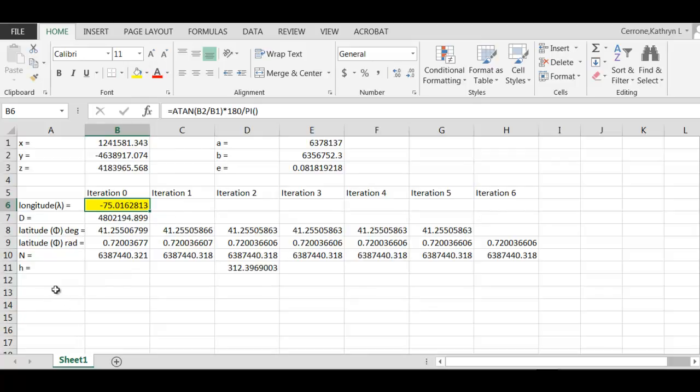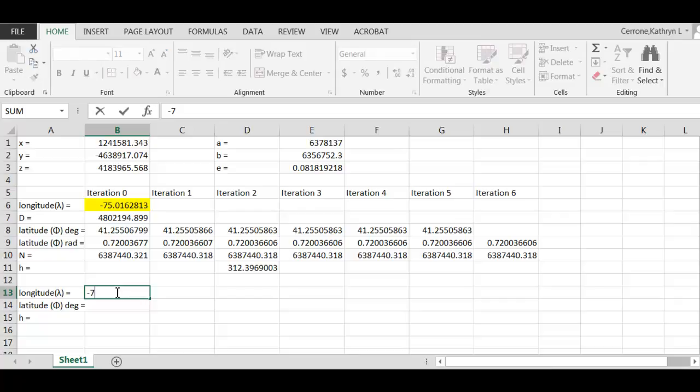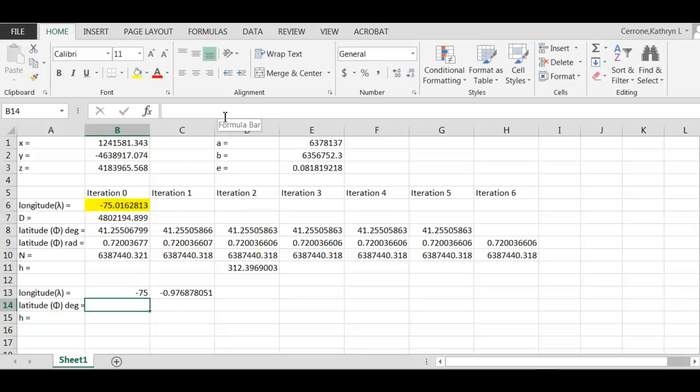If we wanted to come down here and put everything in degrees, minutes, seconds, it is possible to do a conversion formula in Excel, but it might just be easier to say that we are going to take our negative 75 for our degrees, come over here, this is going to equal this plus 75 in this case because we're trying to get rid of it, and we'll put our parentheses around that bit, and then multiply by 60, and we get 0.976.